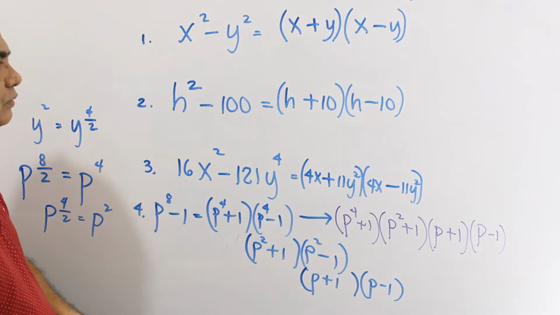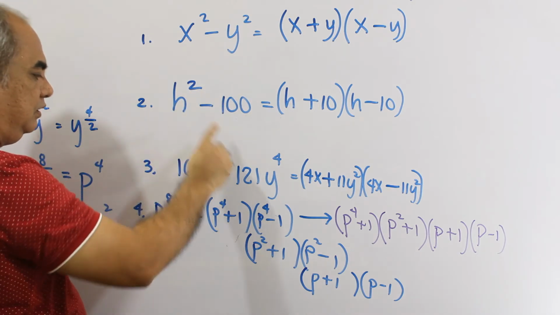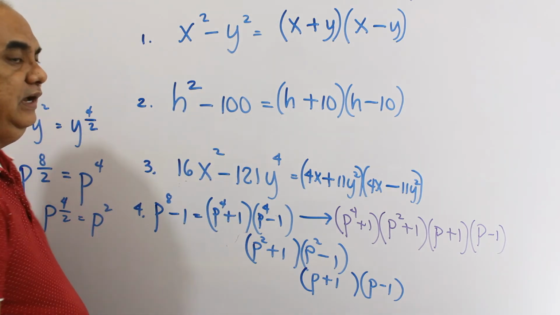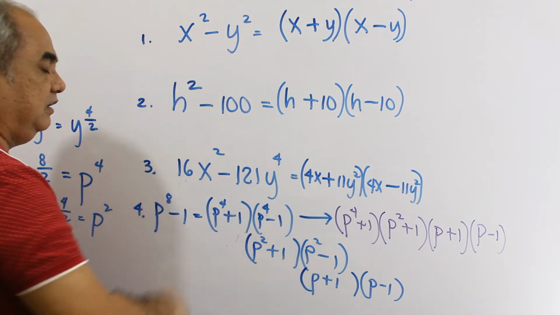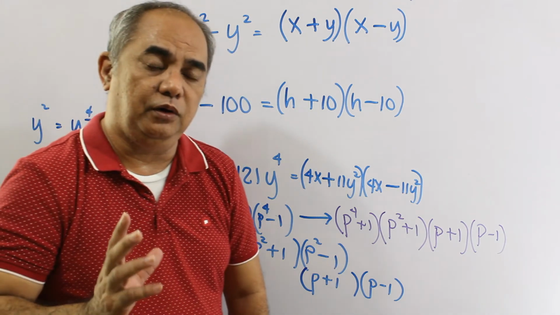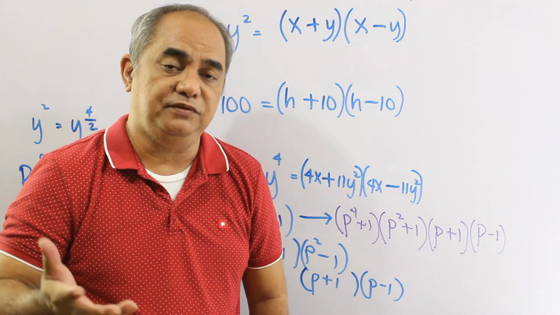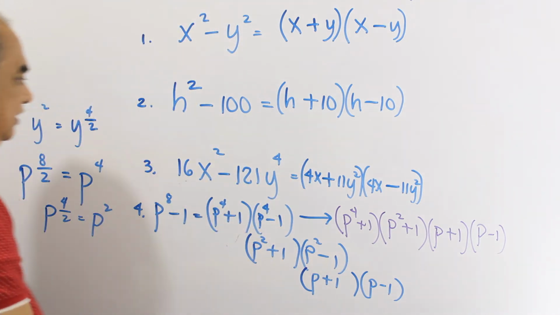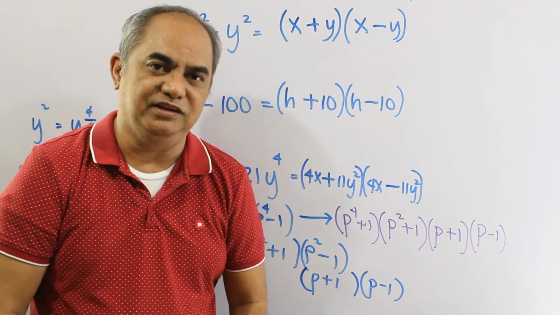Now to summarize, you will notice that all my given problems are expressions of difference, and at the same time, we have variables and constants that are perfect squares. For us to know whether the variable is a perfect square, just remember that its exponent should always be an even number.